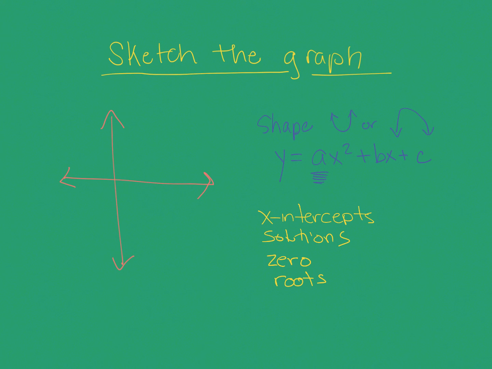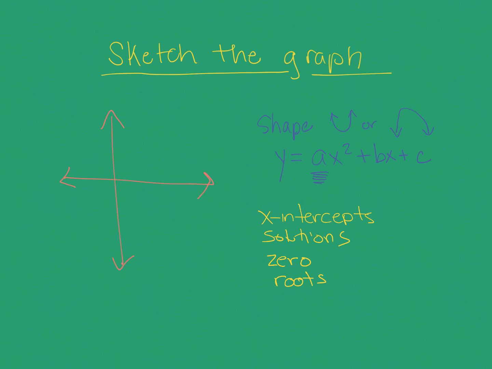Last week we identified where those were, and we defined what those words meant. This week we're going to actually algebraically find where those x-intercepts are, okay? But those are the two things you need to look for as you go into sketching this.